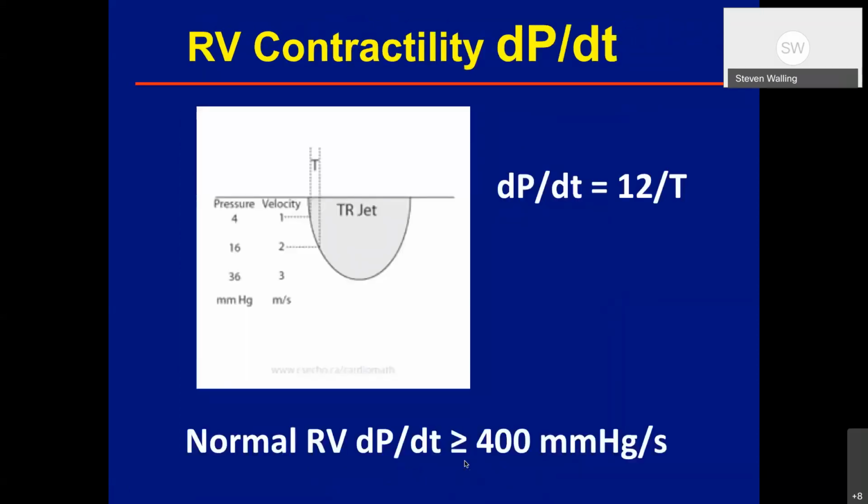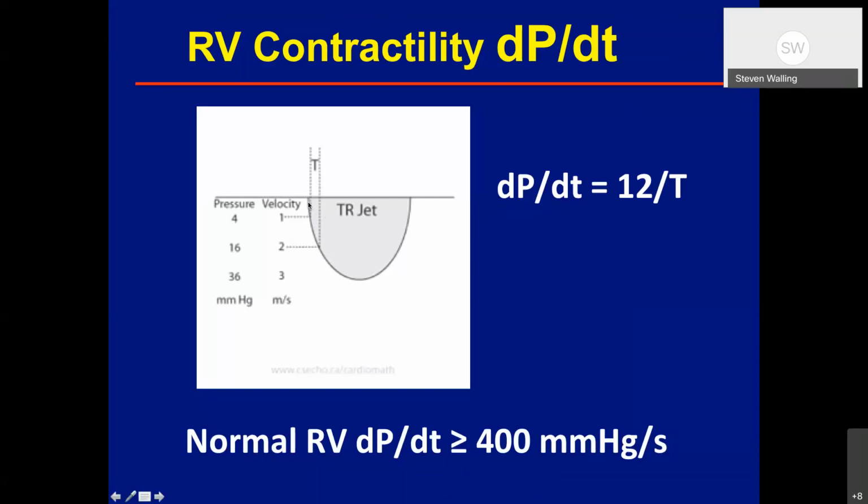Now, the other thing, very similar to LV contractility, is dP/dt, which we used for the mitral valve regurgitation. You probably also remember we used that in heart failure with reduced ejection fraction, to know how much reduction of the contractility of the LV. In that case, we pick up the mitral valve regurgitation jet to measure.